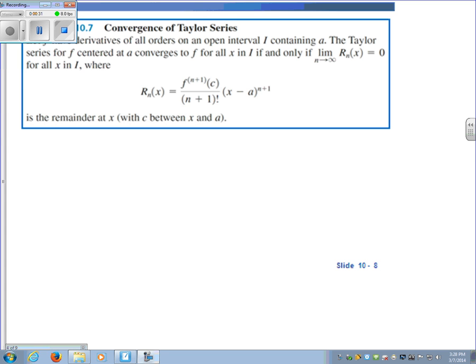So we've got our Taylor series, and I'm going to represent that by f of x. Now the function f of x could be written as the Taylor polynomial, which is P sub n of x, plus that remainder. Remember, the remainder was the rest of the part that wasn't included in the polynomial for the Taylor series.